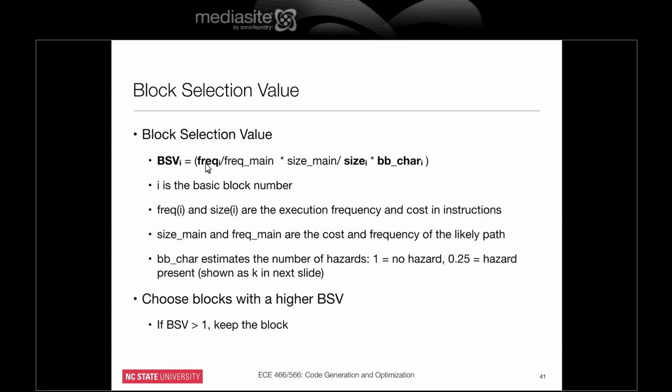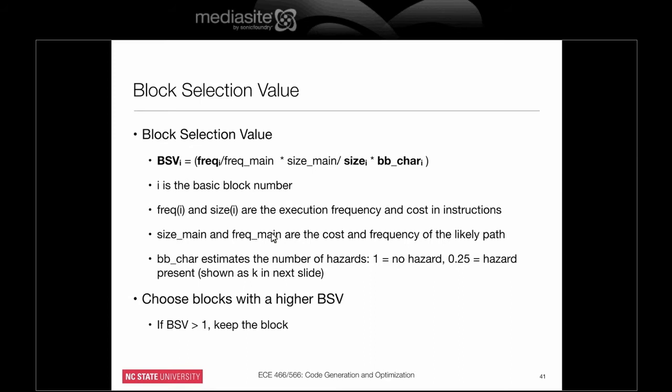Right, so here we're talking about how often the block executes, and here we're asking how big it is in terms of the number of instructions. Then size of main and frequency of main are the cost and frequency of the path that we've already turned into a hyperblock.